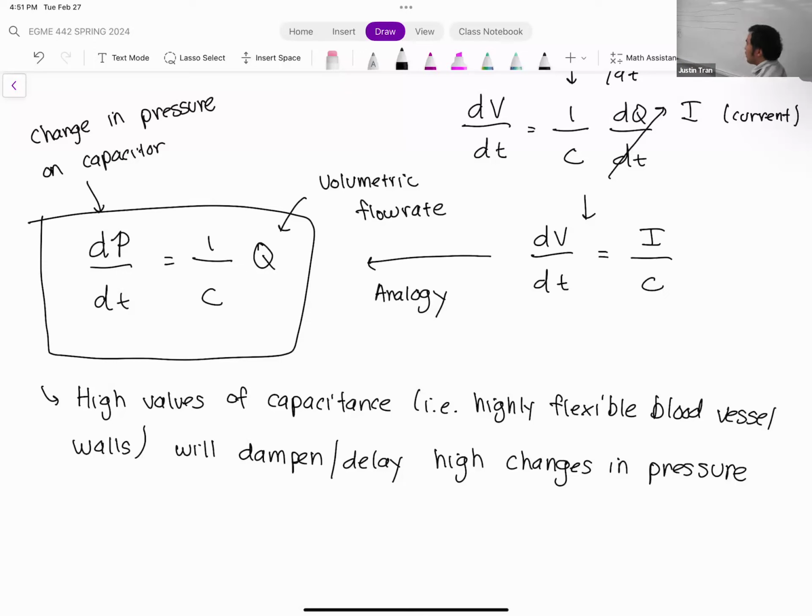Even if you're in a situation where pressure wants to rapidly change, say near the heart, having flexible walls prevents that pressure from spiking too quickly. Another way to think about it is that the capacitance, or vessel wall flexibility, places a cap on how quickly the pressure can change.